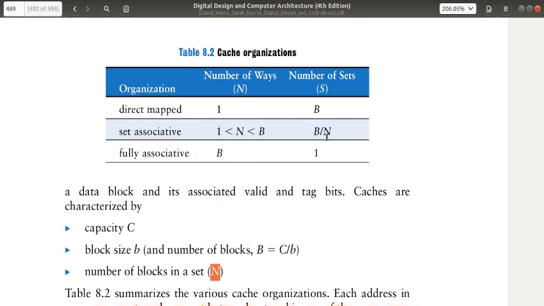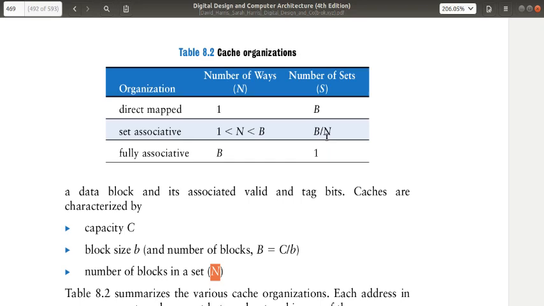As we increase the number of blocks per set, we can reduce the miss ratio. Also, as we increase the number of words per block, we can reduce the miss rate.